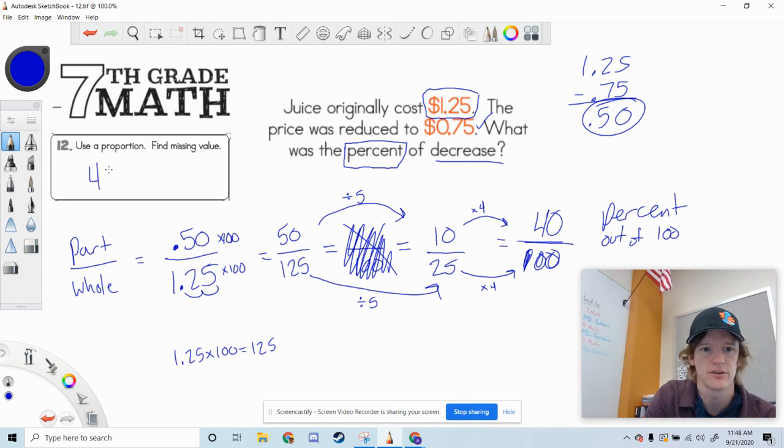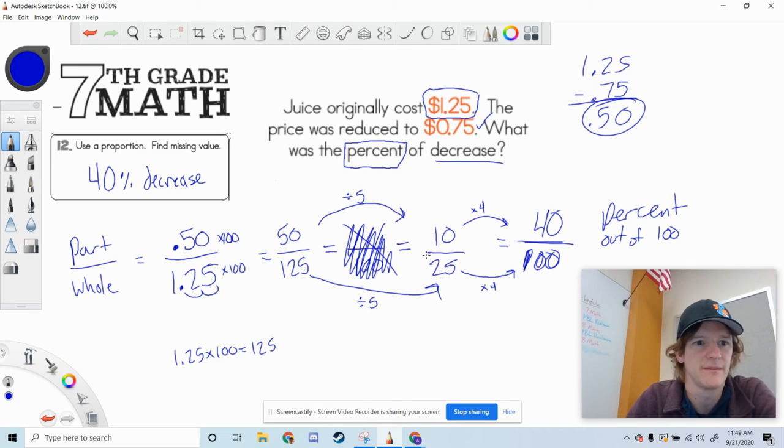So it is a 40% decrease. Really a super tricky problem for, what is this, week 6. But hopefully those steps made sense.